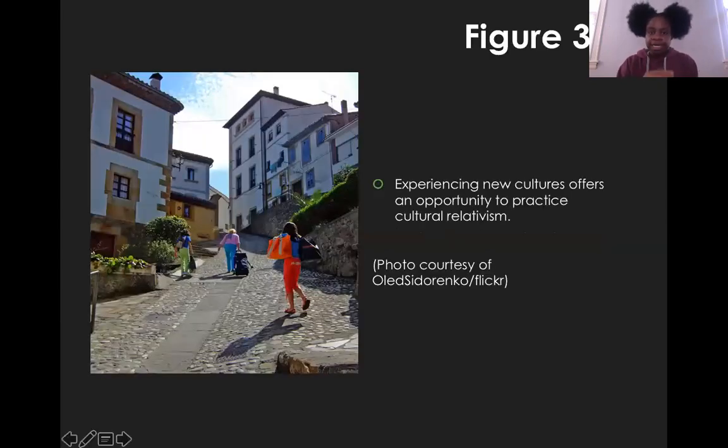Again, here's another figure. And again, don't just bypass these figures, but really think about them. Experiencing new cultures offers an opportunity to practice cultural relativism. So yes, not all cultures are the same.